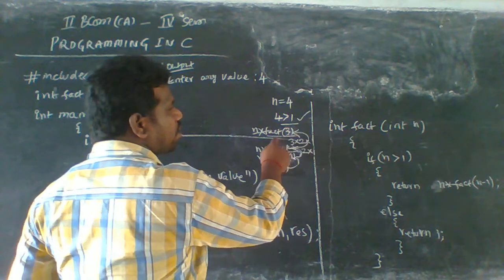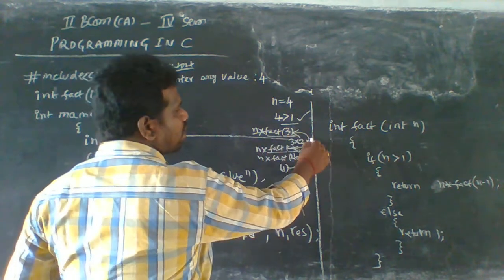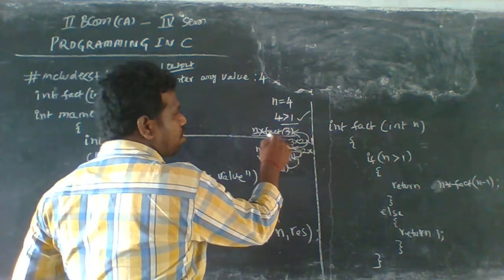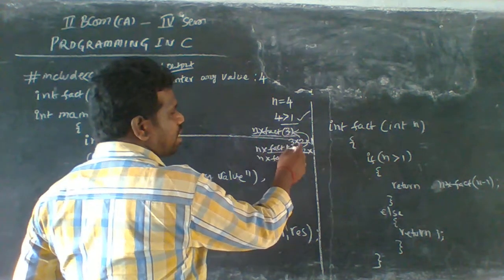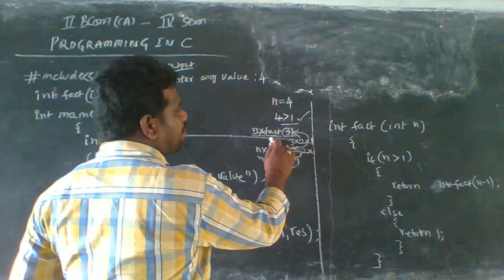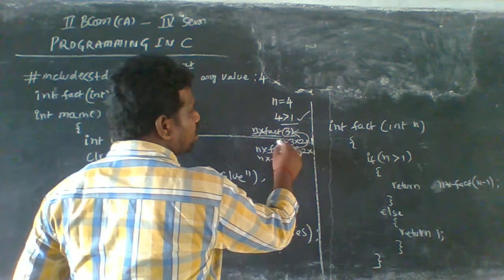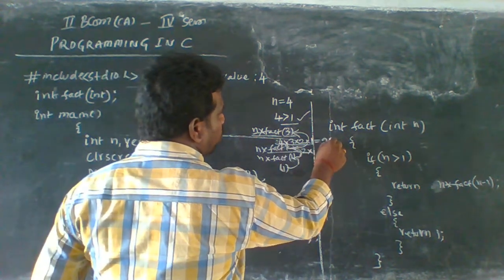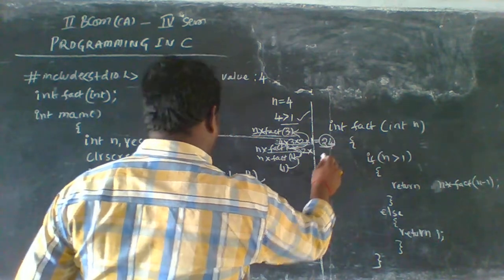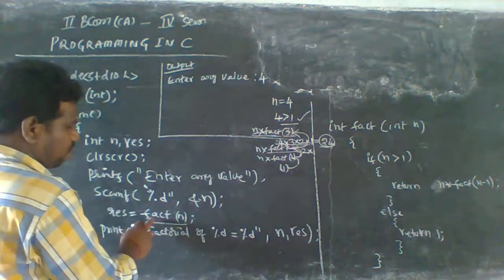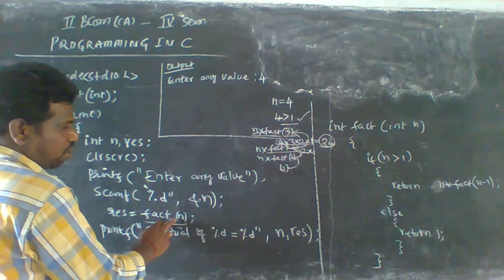Okay, the last function contains what here: n into fact of 3 here. That means n is 4. 4 into 3 into 2 into 1, this will be the result, that is 24. 24 will be placed into the result value, that is result is equal to 24.